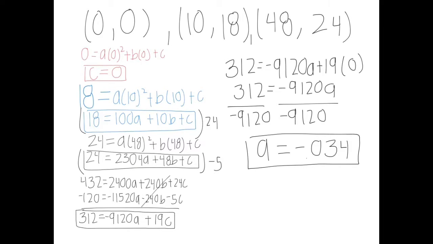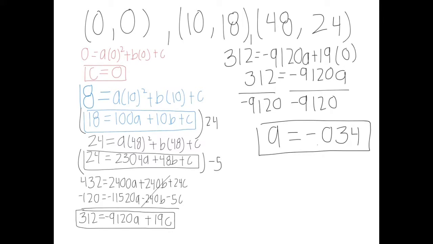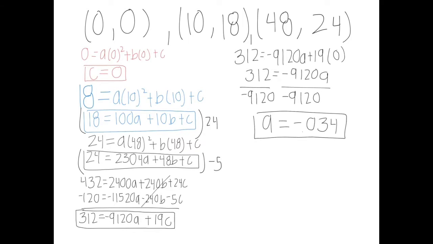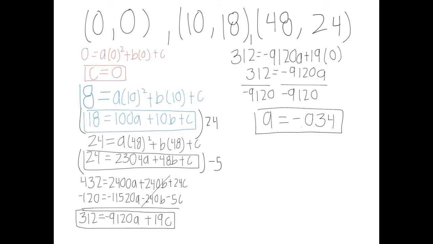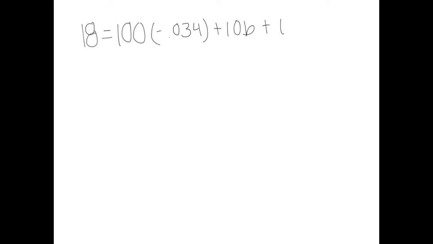Now we can plug this and the c value that we got earlier into the remaining equation to find the b value. So 18 equals 100 times negative 0.034 squared plus 10b, plus 0, essentially.